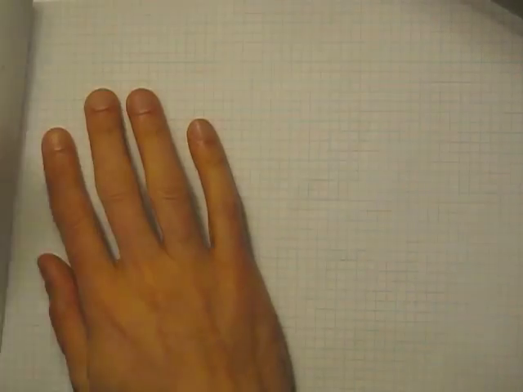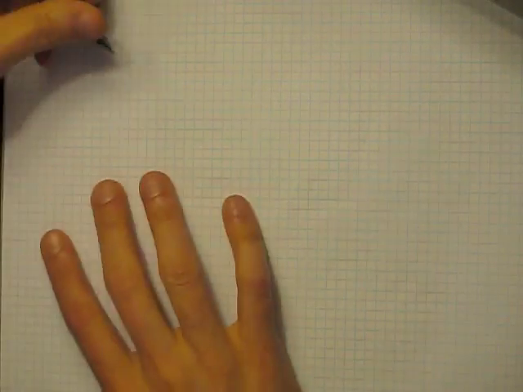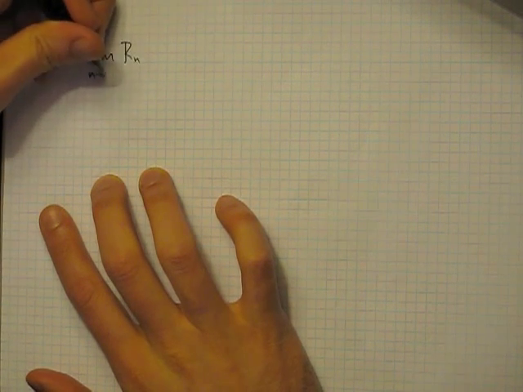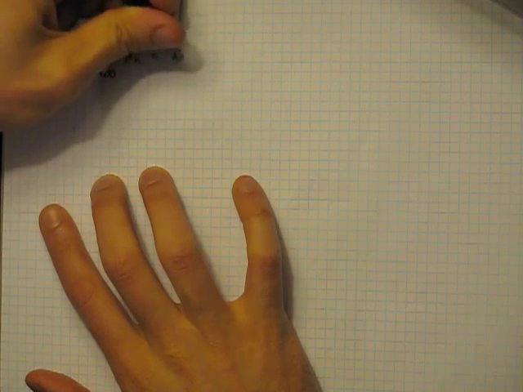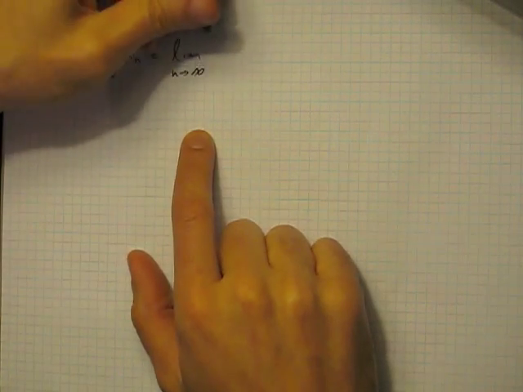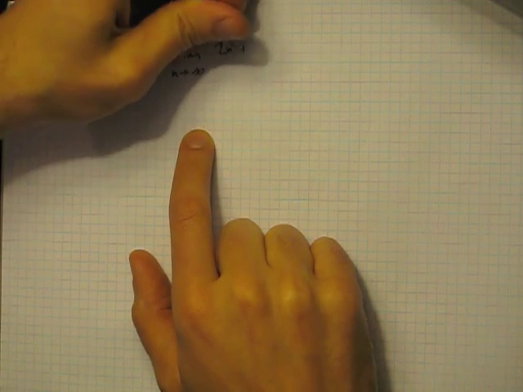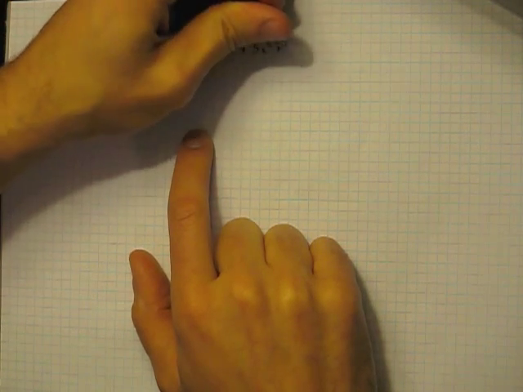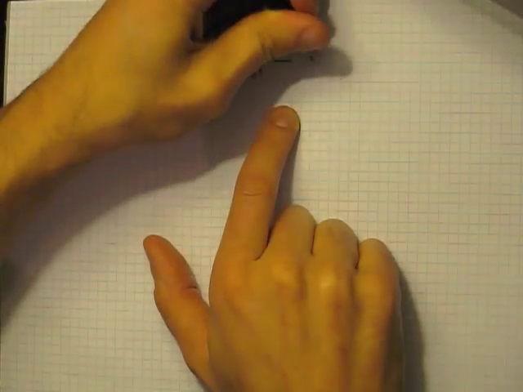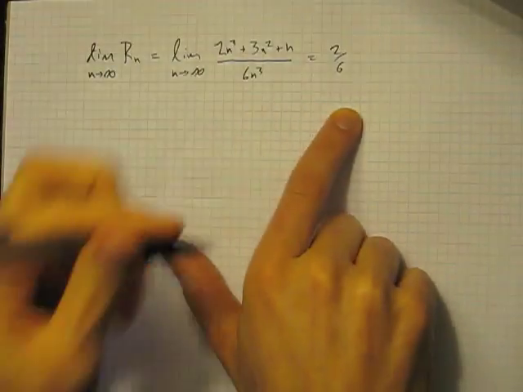So if we take the limit of Rn as n goes to infinity, it is the limit as n goes to infinity of 2n cubed plus 3n squared plus n over 6n cubed. This is just 2 over 6, which is a third.